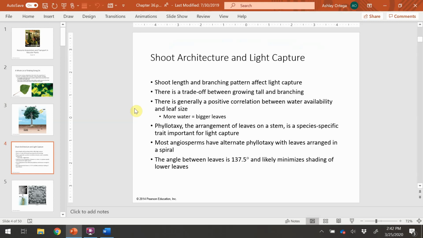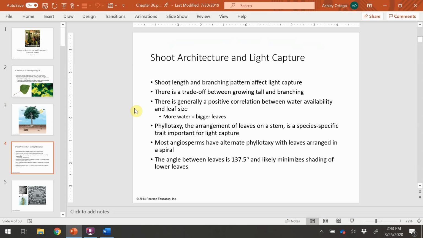It will take a long time for them to grow long branches if they are very tall. So there's a trade-off because you have to balance the primary and the secondary growth, because if they are branching out, that's where most of their energy is going, and so they're not going to grow very tall. So there's a general trend of between being tall and branching that we'll want to identify.